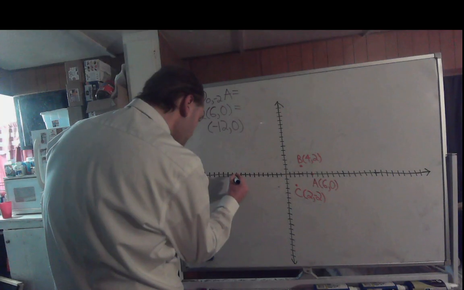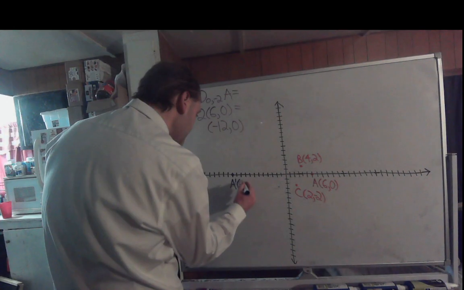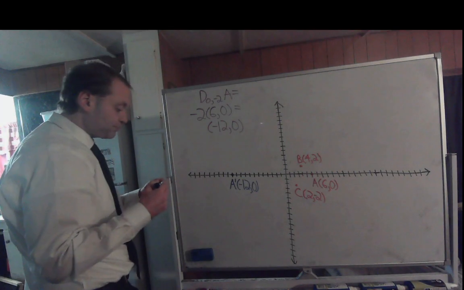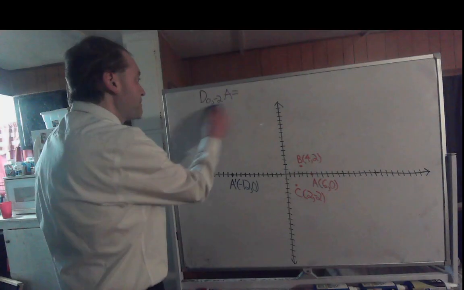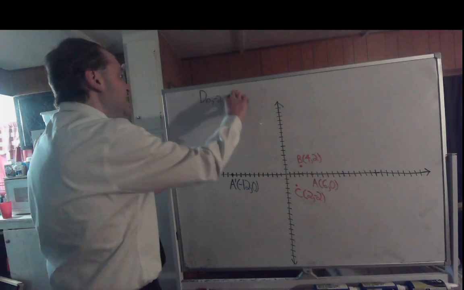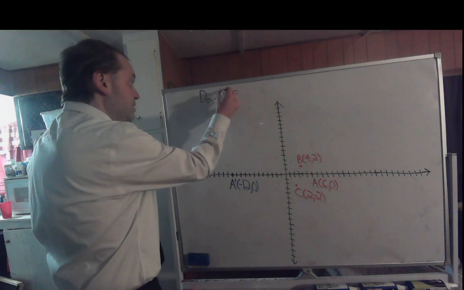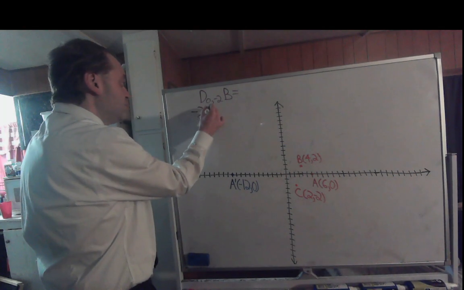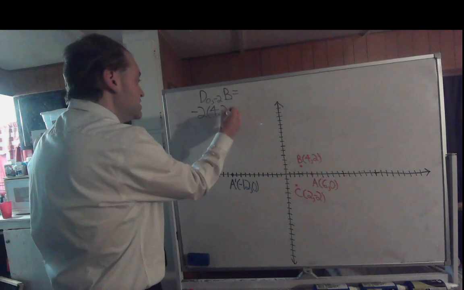Here we go. A prime is located at the coordinate negative 12, 0. Okay. So let's do the same at point B. This time we'll dilate through the origin with a scale factor of negative 2 at the point B. So take that scale factor of negative 2, multiply it by your coordinates for B, which would be 4, 2.